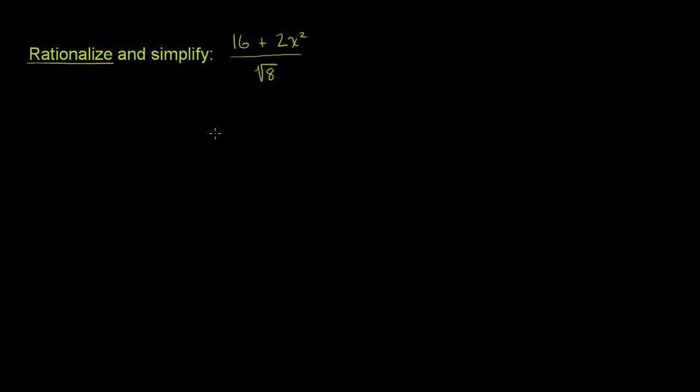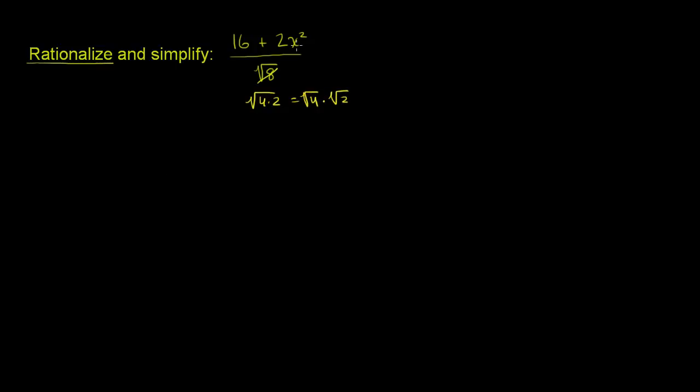So the first thing that we can do, let me simplify a little bit and then rationalize, and then we can think about other ways to do it. So what I'd like to do first is say, well, the principal square root of 8 can be simplified a little bit, because 8 is the same thing as 4 times 2, which is the same thing as the square root of 4 times the square root of 2.